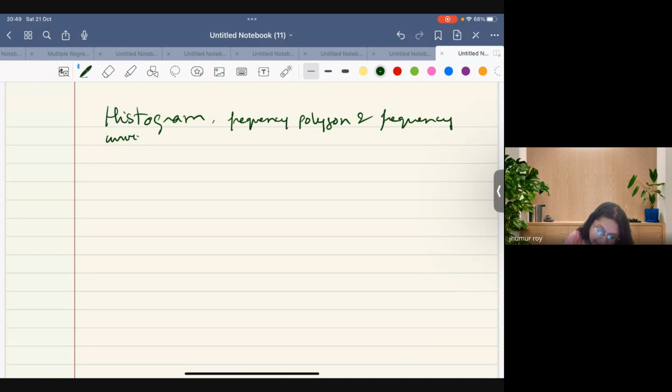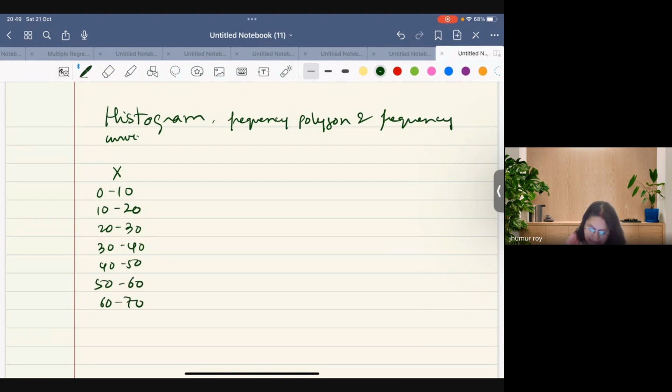So I'm just writing. Now see, the difference here is, there we were taking chronological data and year-wise data. Here we are taking quantitative data only. So we will have a continuous distribution. So X will be 0 to 10, 10 to 20, 20 to 30, 30 to 40, 40 to 50, 50 to 60, 60 to 70, and 70 to 80.